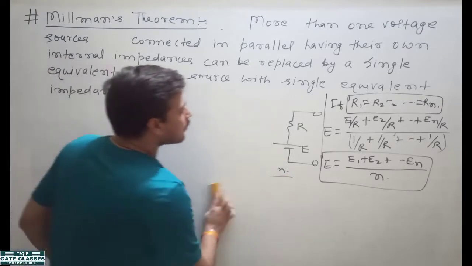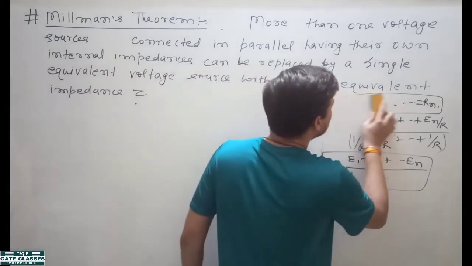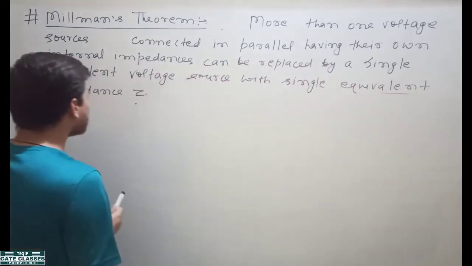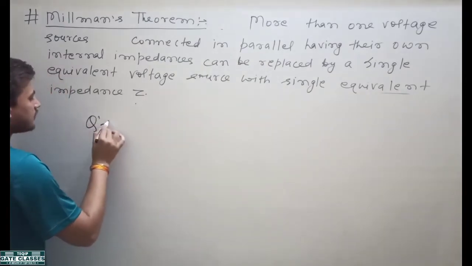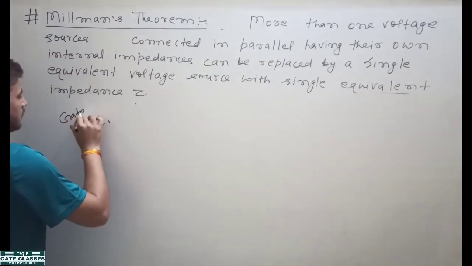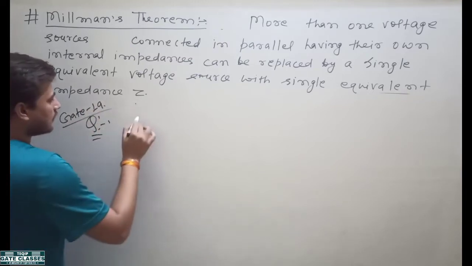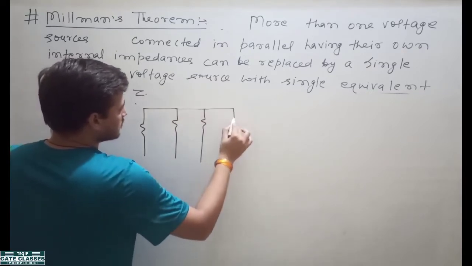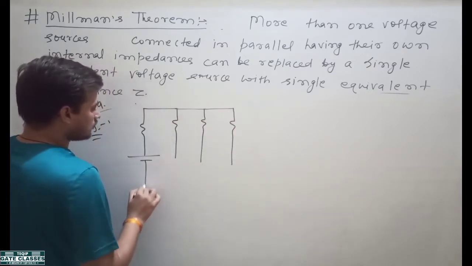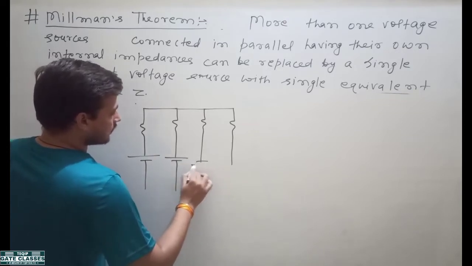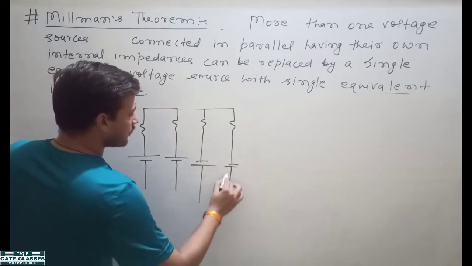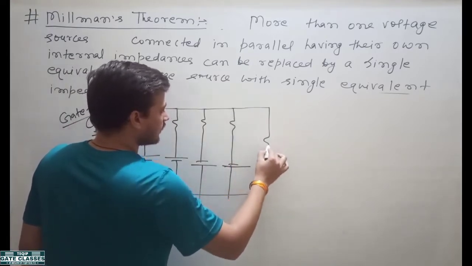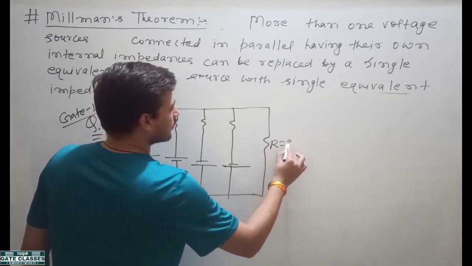Next, let us see. You have to take care of direction of all the voltage sources, because see, one question was asked in GATE 2019 electrical engineering. In GATE 19 electrical engineering, they have given four resistors and two voltage sources are in positive direction, two voltage sources are in negative direction, and they have given one resistance R equal to 20 ohm.